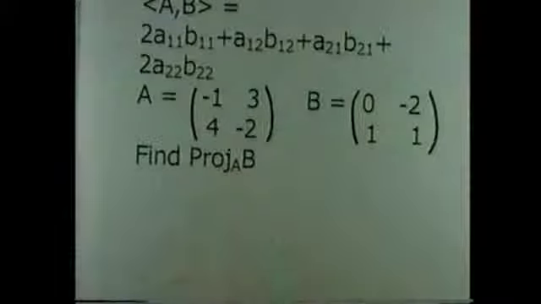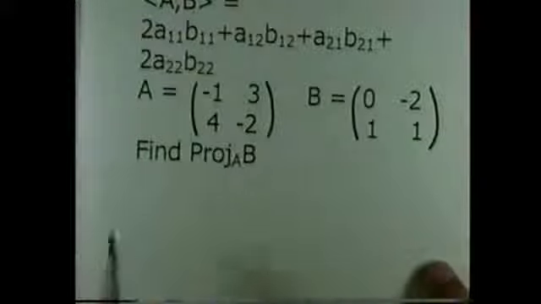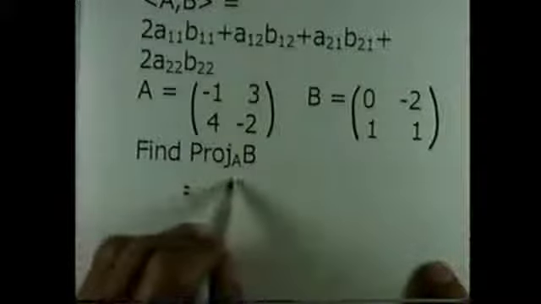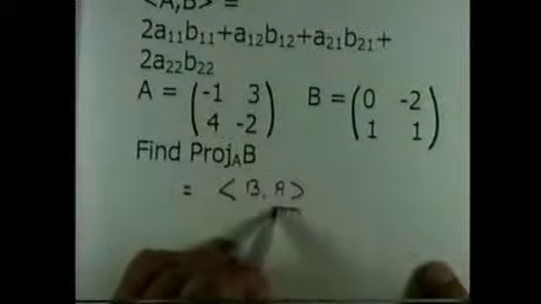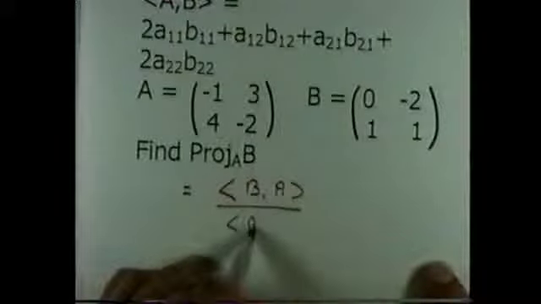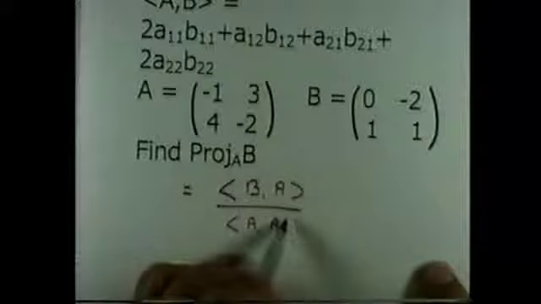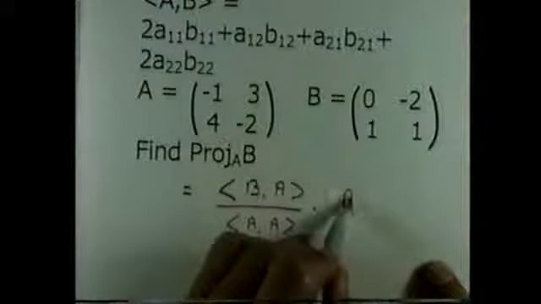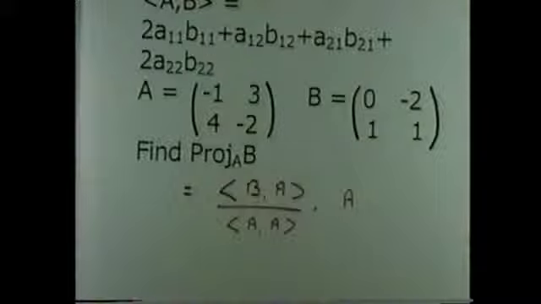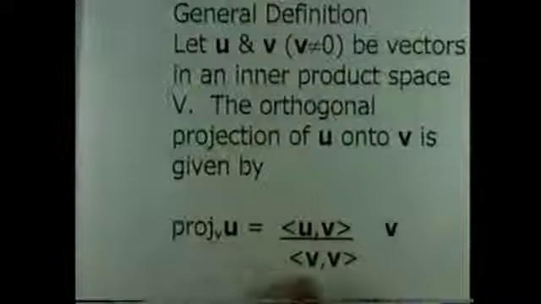Well, we want to find the orthogonal projection of B onto A. Well, this is going to be the inner product of B, A divided by the inner product of A, A times A. Now notice I'm asking for B onto A. We've been using U onto V. So the one you're projecting onto is going to be the denominator.